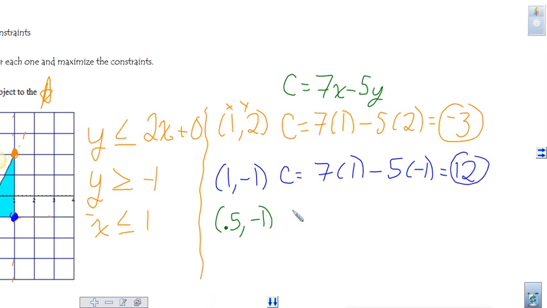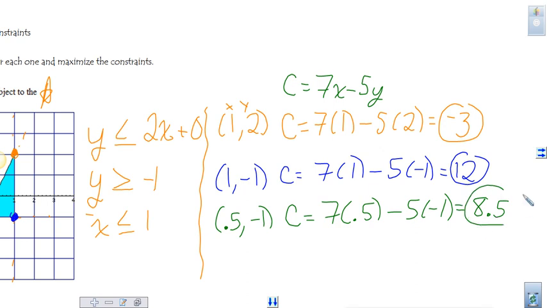And the last one, 7 times 0.5, or 7 divided by 2, minus 5 times -1, and that equals 8.5. So since we are maximizing constraints, the one that maximizes the constraints here is this point. That would be super, super important, because it is the highest number. All right? There you go.